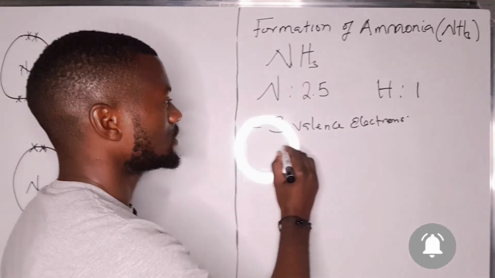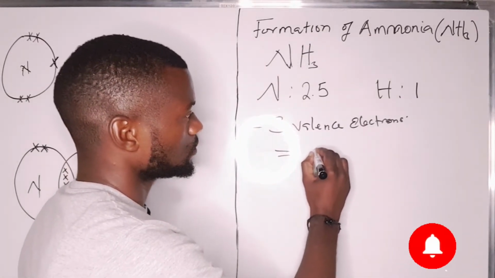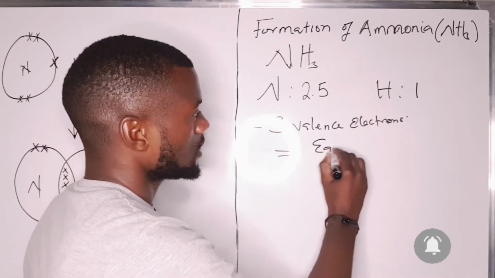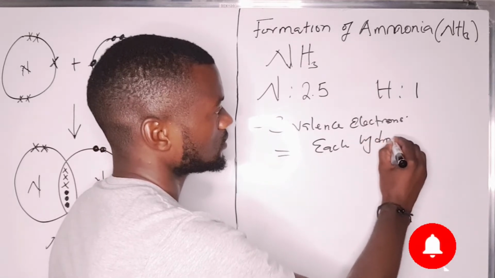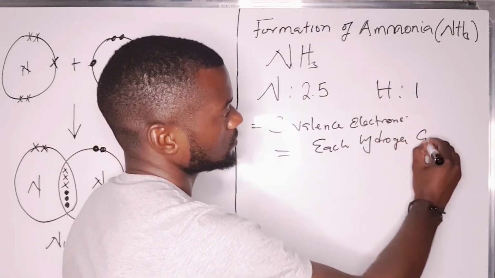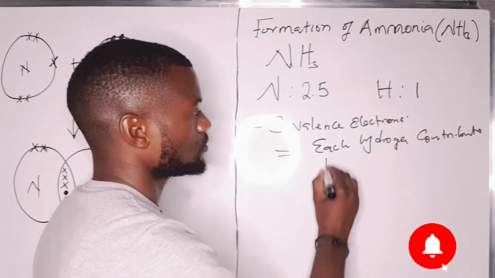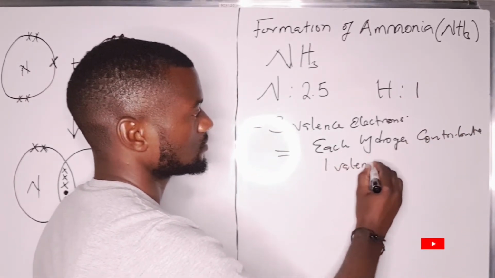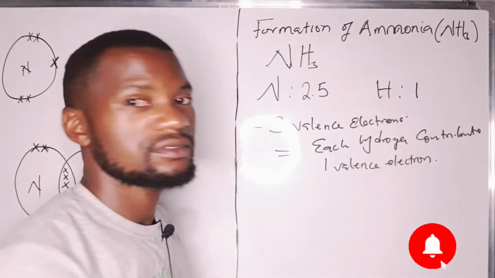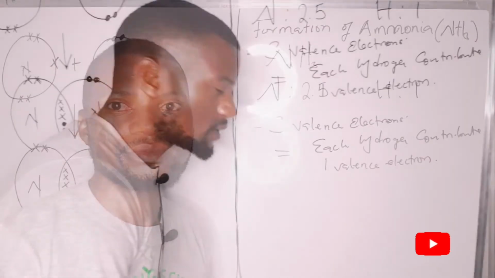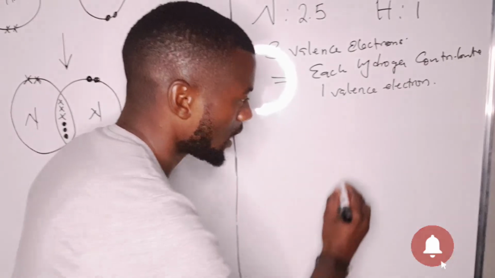So each hydrogen atom will contribute 1 valence electron.